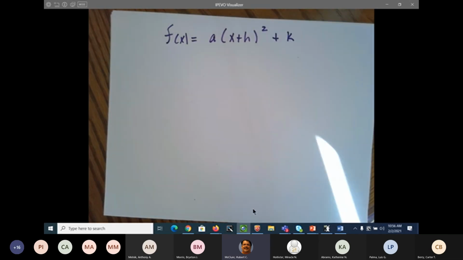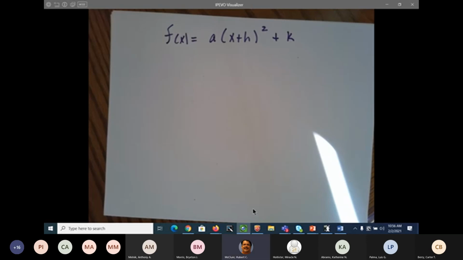Before we even start, I want you to draw a graph on your paper right now, just like I'm doing mine, all the way across the page. And of course, f of x is equal to x squared. That's the parent graph. That's why I got it in black.